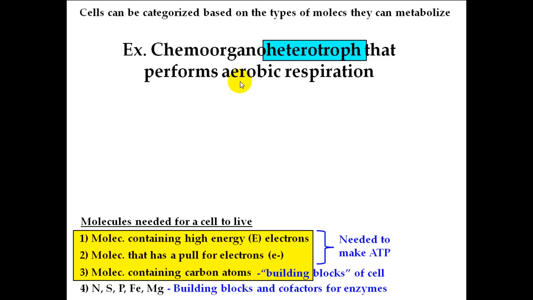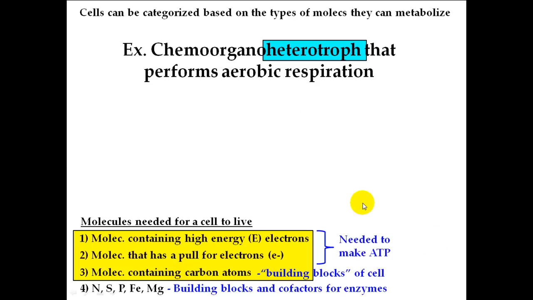We are chemoorganoheterotrophs that perform aerobic respiration. Again, sometimes our muscle cells do fermentation, but for the most part, this is the type of metabolism that we can do. We can't do chemolithotrophy or autotrophy. That's kind of the sole realm of bacteria. So bacteria can do all kinds of cool things again that we can't do.